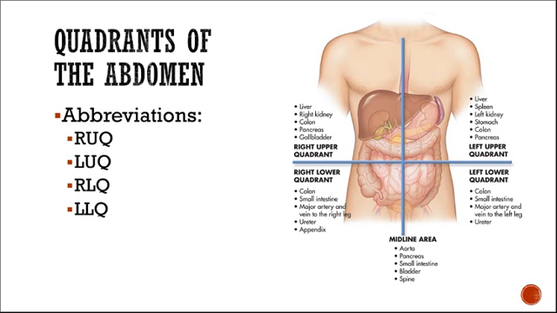So if a patient was having pain in the right lower quadrant, that could indicate appendicitis. That's kind of an important tip to remember. If a patient is experiencing pain in the liver, that would be pain in the right upper quadrant, generally speaking.